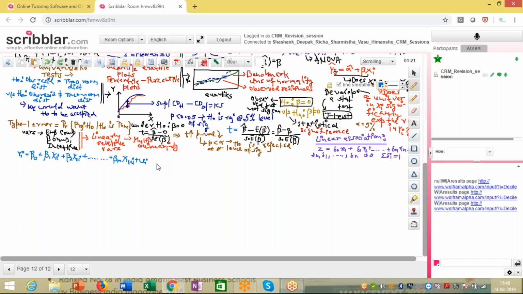So yi is a function of these variables, the parameter coefficients, and the error term.